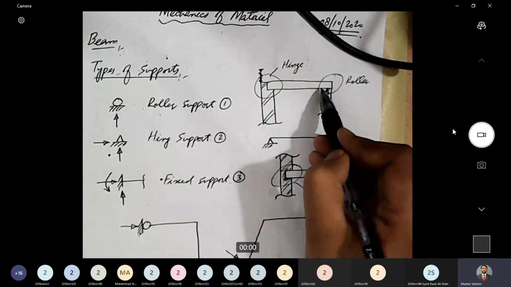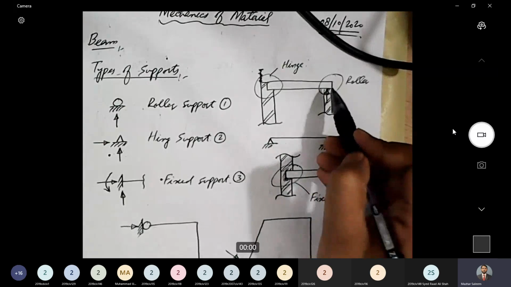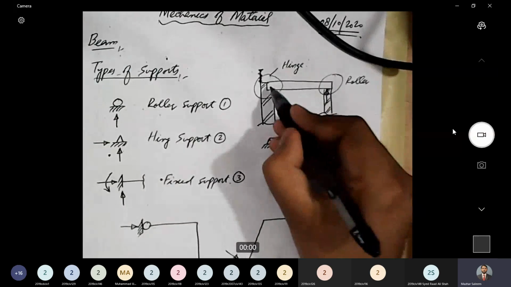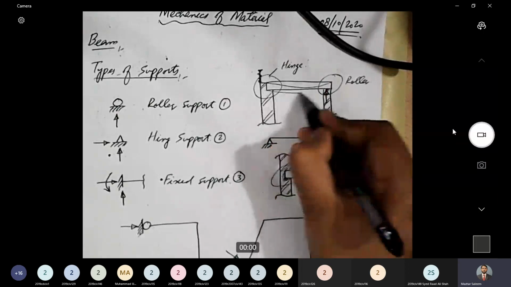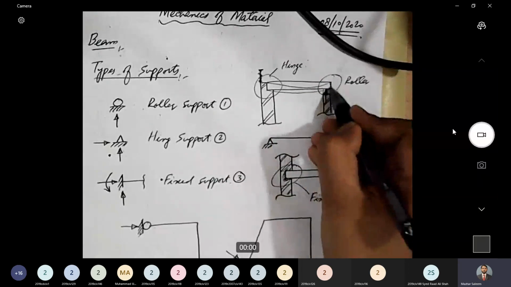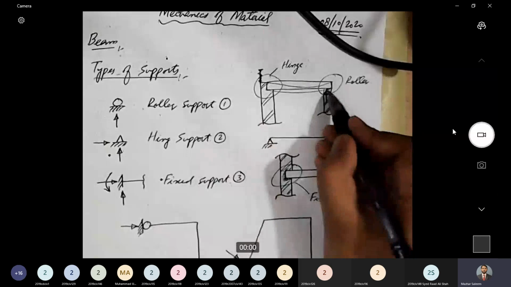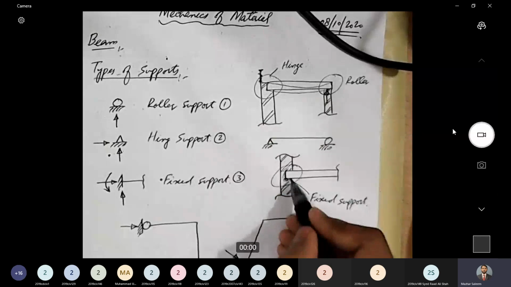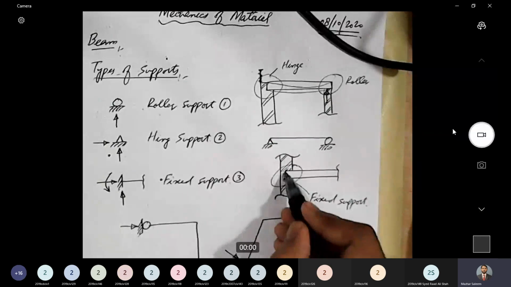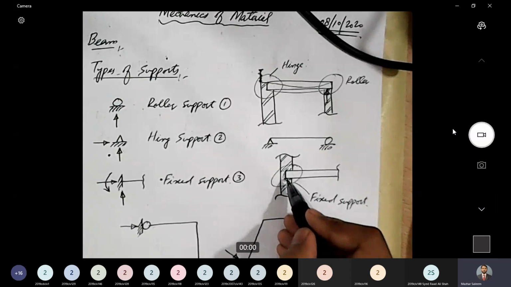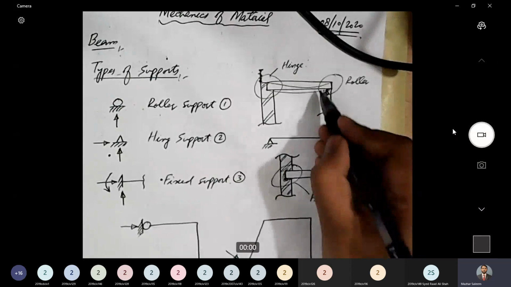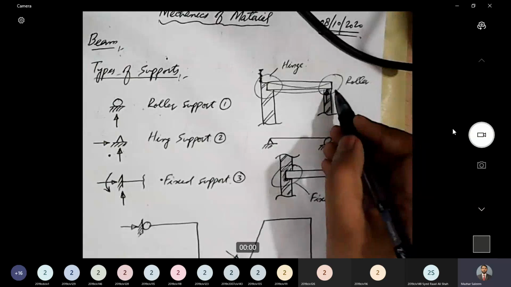It will simply let the beam slide. And similarly, if the beam has a tendency to bend down like this, this support does not have any restraint that can resist that rotation. It will simply let the beam rotate at this joint.